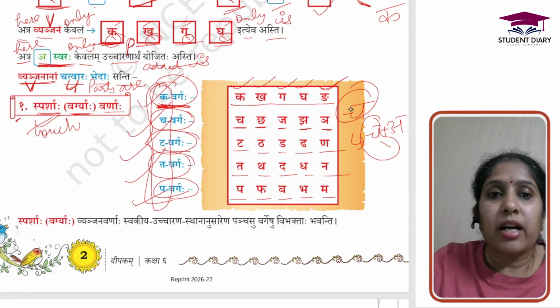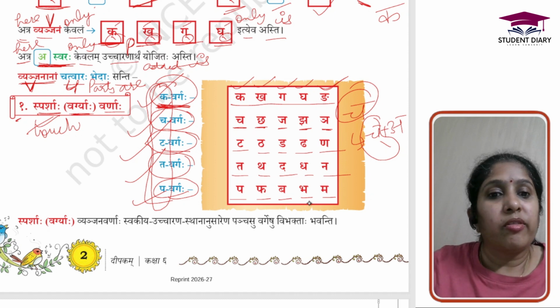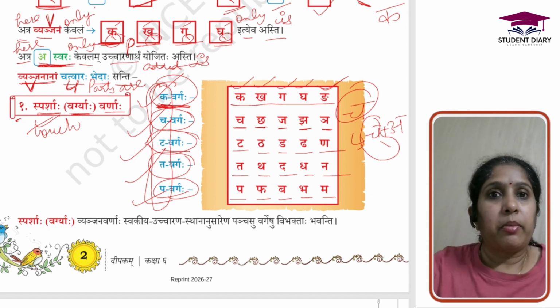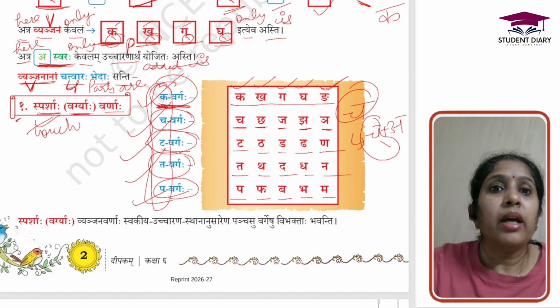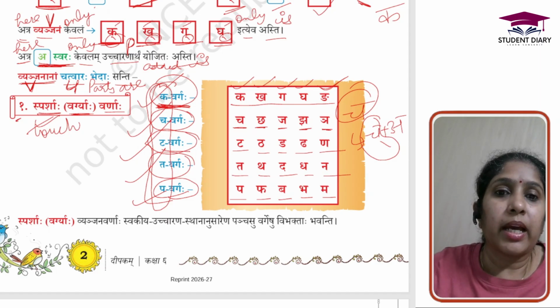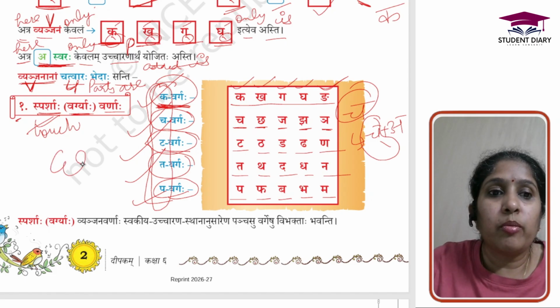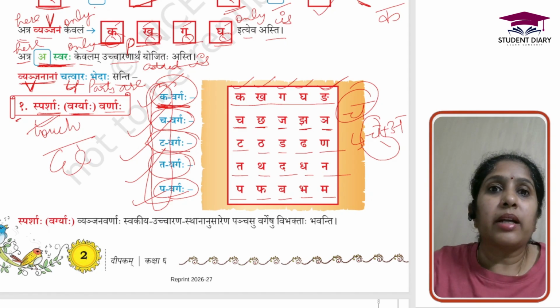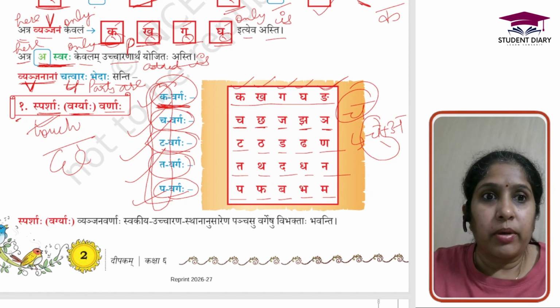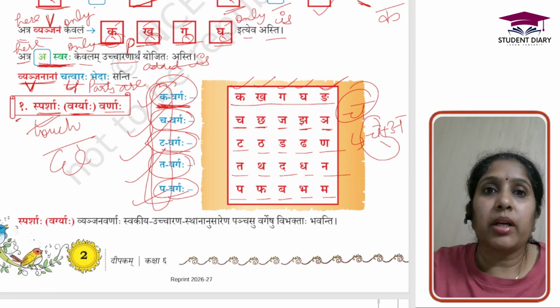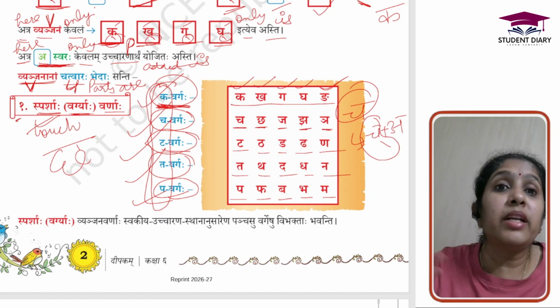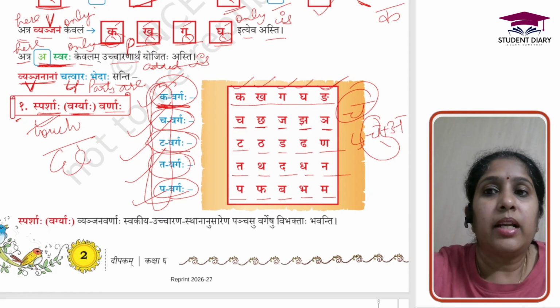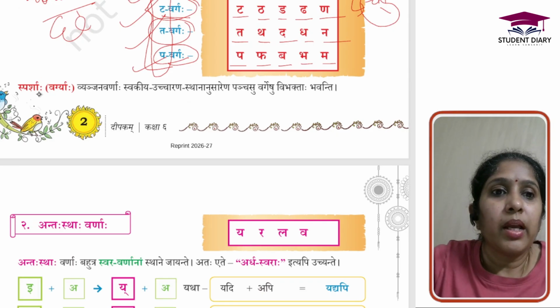The first line is going to start with ka, the second with cha, the third with ta, the fourth with ta, and the fifth one with pa. And you have to remember them in the sequence only. Okay, remember all of these and remember the shape of everything. Like if someone asks you write cha, so you should be knowing that cha is written like this. Okay, so that you can write any word properly. If you can write any word properly, then you can write any sentence properly and you can read also them, right? Let's go for the next one.